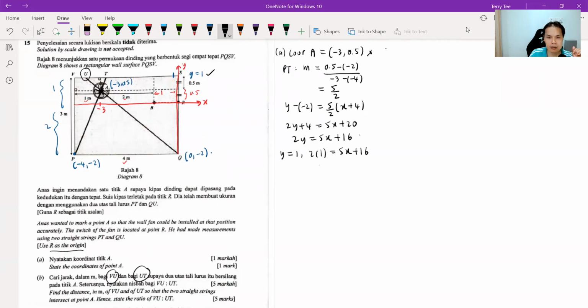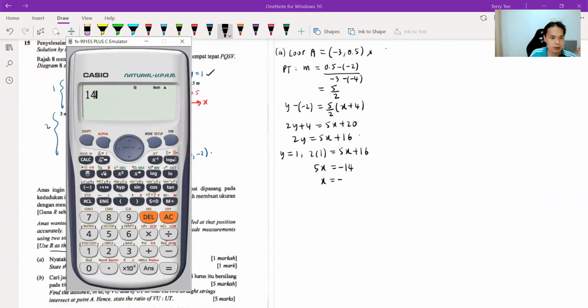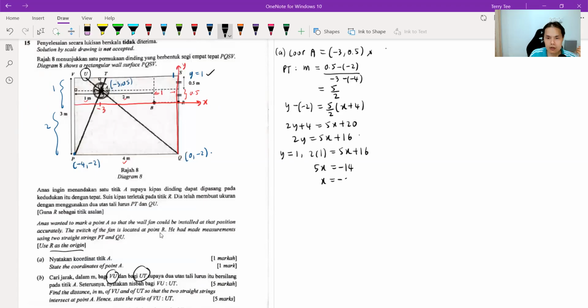Bring the 16 over. 2 minus 16 is minus 14. x is minus 14 over 5, which is negative 2.8. So my x is negative 2.8, and this is the coordinate of point U. U is now (-2.8, 1).